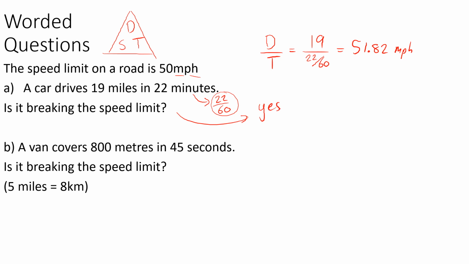Second one is this van which travels 800 meters in 45 seconds. Now there's quite a lot of conversions to do here, and it's kind of up to you when you do them. I'm going to use the second method just for a bit of change. We start off here with 800 meters, so we're talking about speed, it's distance over time. 800 meters in 45 seconds. And what I think we'll try and do is convert these to kilometers and hours to make that conversion. So 800 meters, that's 0.8 kilometers.